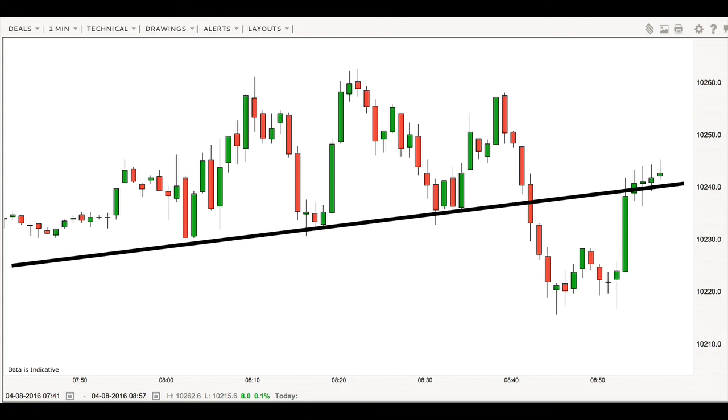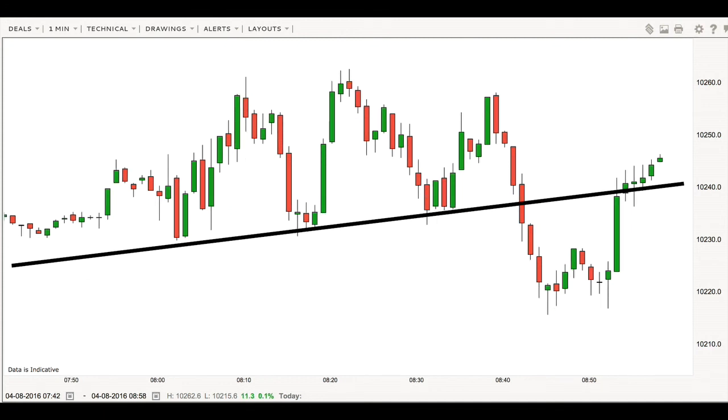So when you get a good looking signal bar, when it's a doji or a pin bar and it's in the direction of your potential trend, then you look for the open of the next bar to see whether or not it triggers the trade. If the next bar goes in your intended direction, then you'll be entered into a trade.